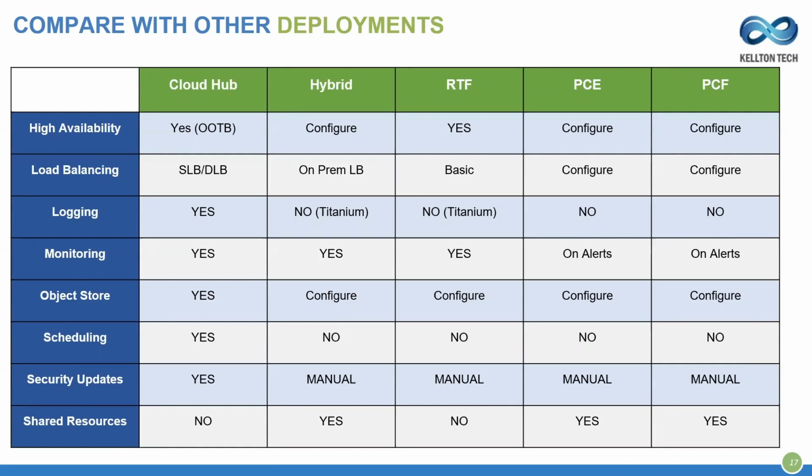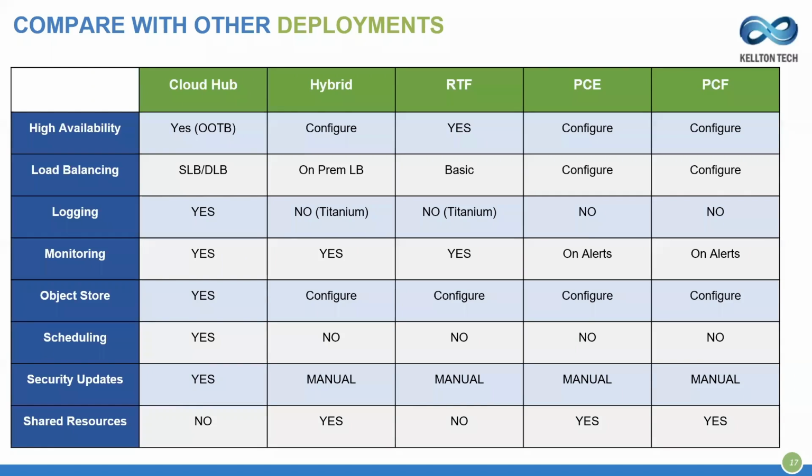Here we can see the comparison of deployment practices. CloudHub provides load balancing that consists of shared load balancing and dedicated load balancing. But here we can see RTF provides its inbuilt load balancing capabilities, that is the ingress.